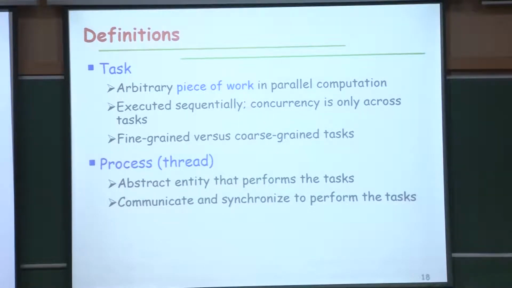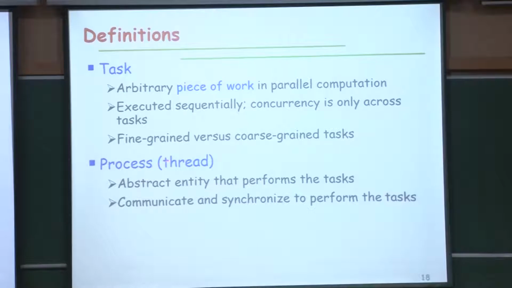We use the word process, which is basically what is being executed in a processor. We will use the words process and thread somewhat interchangeably, although these have different meanings. You could have multiple threads in a process, and they could all share the same process address space, whereas each process will have its own address space.